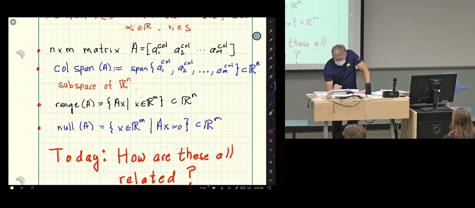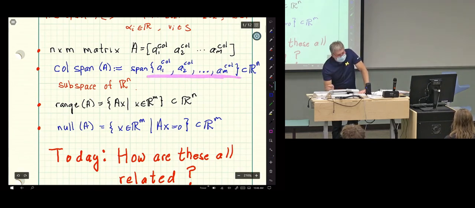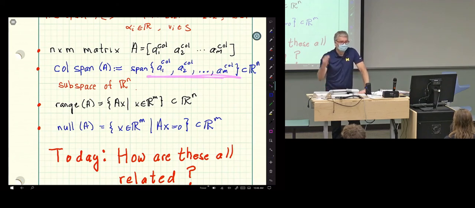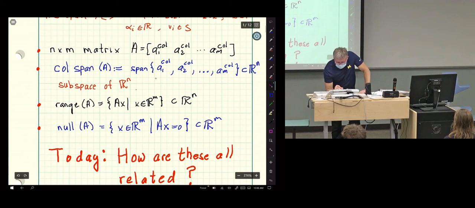The answer given by the student in the front row: it's the number of linearly independent columns. The rank of A is just the number of linearly independent columns.